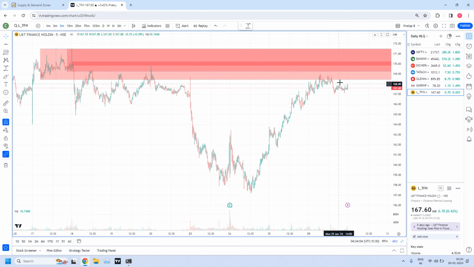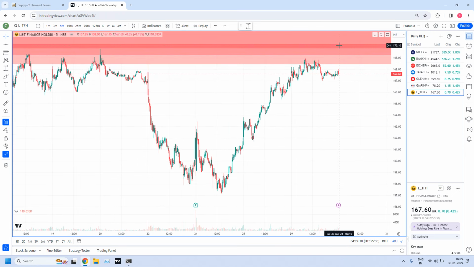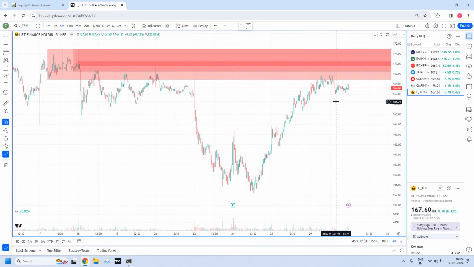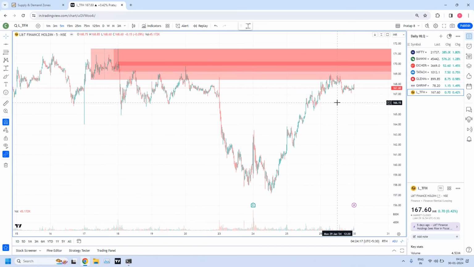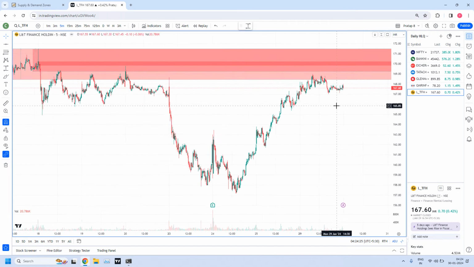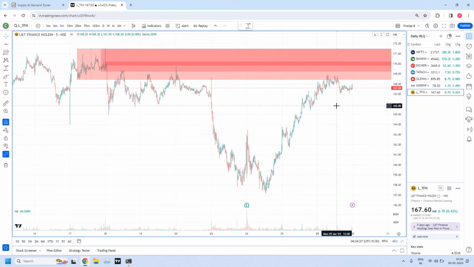Suppose in today's generated report, this stock is not there. But tomorrow if prices enter into this, and you want to trade, the risk will be a little higher. Because the software considers the volatility of today's market and then plans tomorrow's trades, stocks near zones. Such calculation will be missed in your analysis.